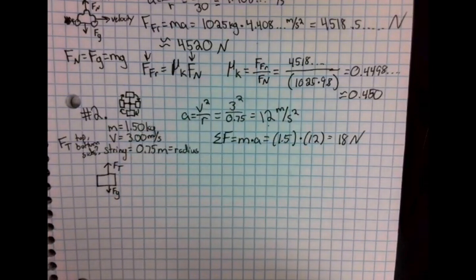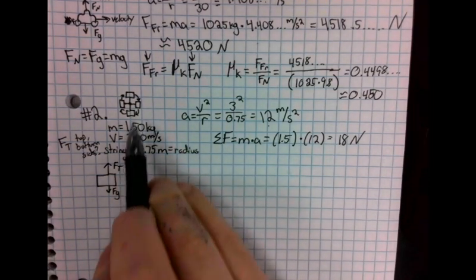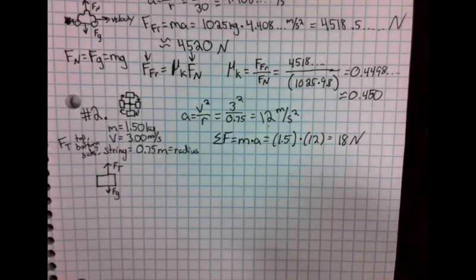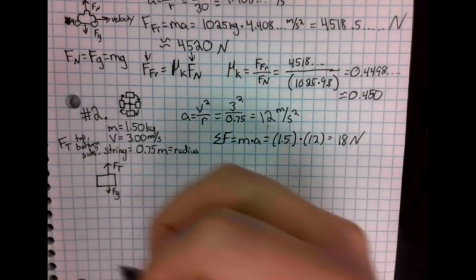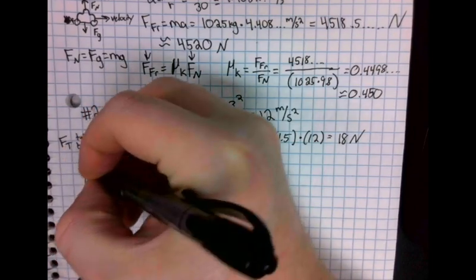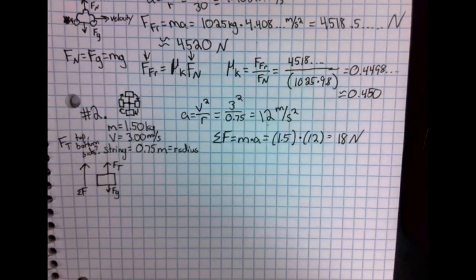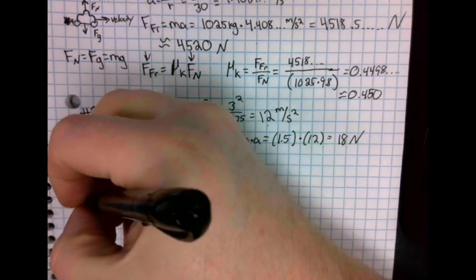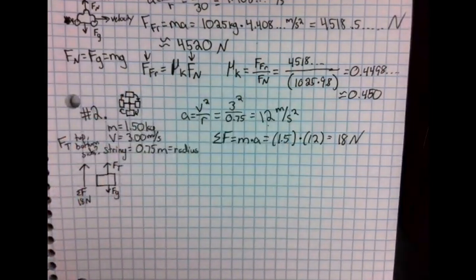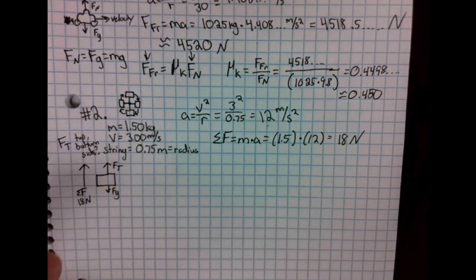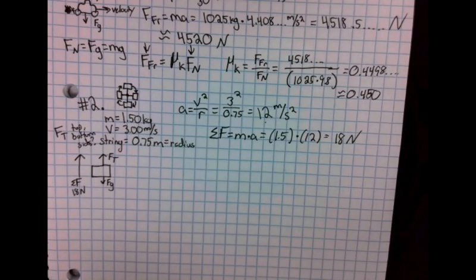And when it's at the bottom, in order for it to have an acceleration, the sum of the forces has to be pointing inward, towards the middle of the circle. We have to have a centripetal acceleration. So the sum of our forces here must be equal to 18 newtons. So this is our total force, combined, going in that direction.